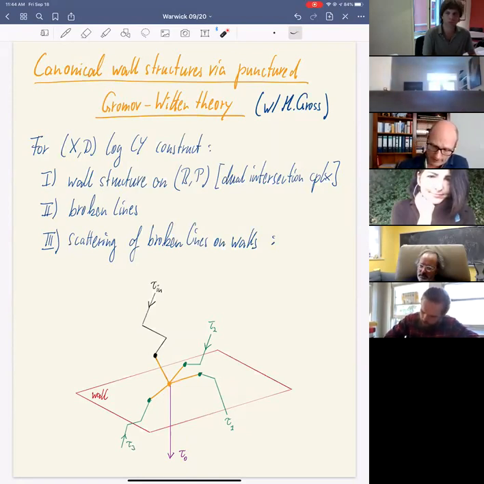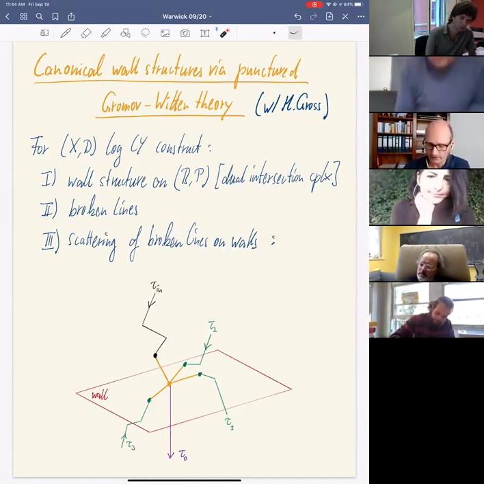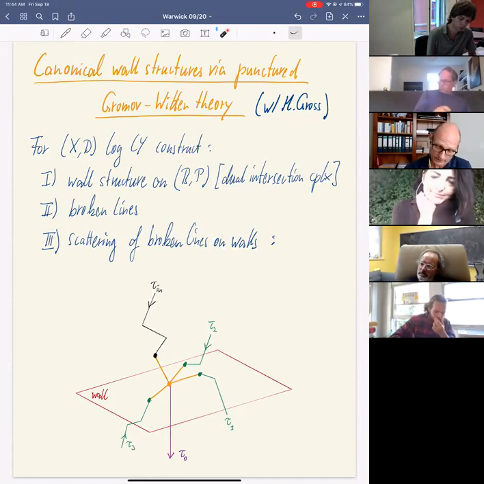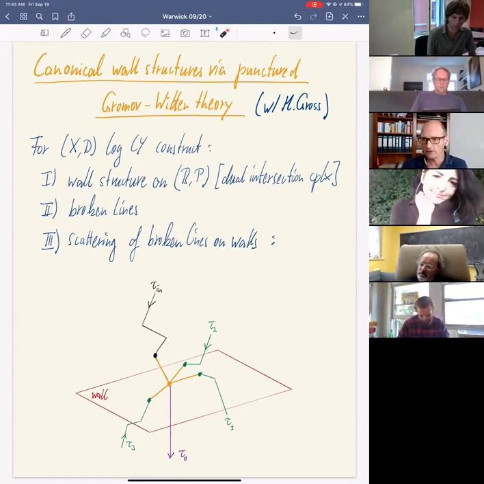And now with the new technology of punctured invariants, we understand the picture we had in the back of our mind throughout the whole time, namely that what we are doing secretly is, these things should be tropicalizations of certain broken lines, as well as all the stuff living on the walls, certain tropicalizations of curves and of logarithmic curves.